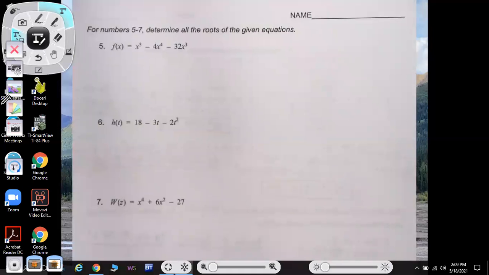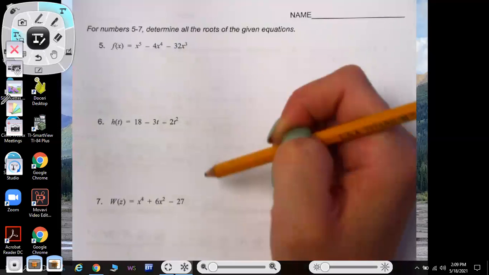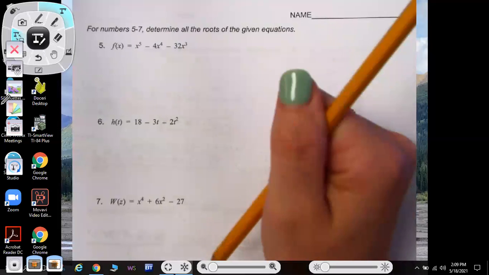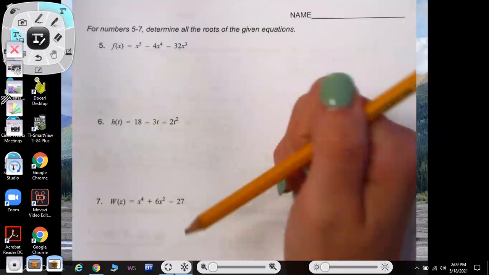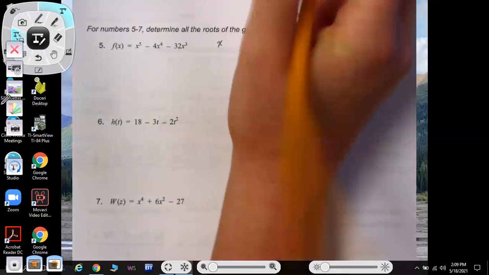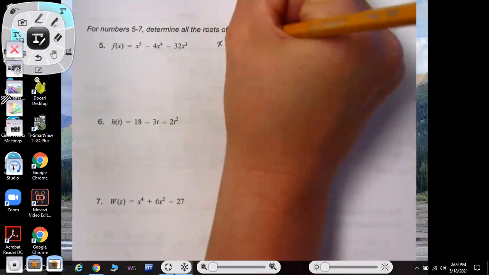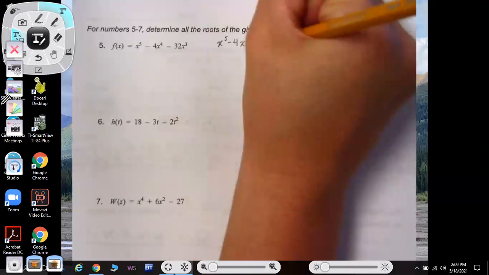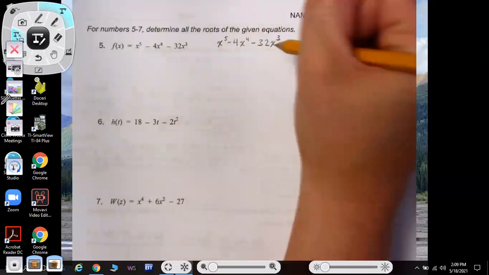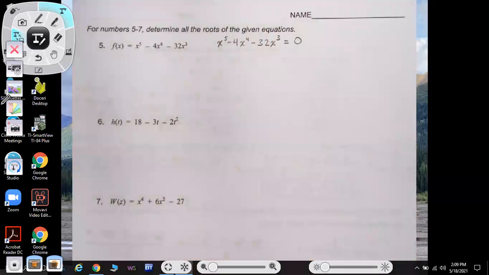All it means is we want to know where this function has a y value of 0. So basically your x-intercepts is what we're looking for. In order to find that, all you have to do is take the function and set it equal to 0. So x to the 5th minus 4x to the 4th minus 32x cubed, we're setting that equal to 0.